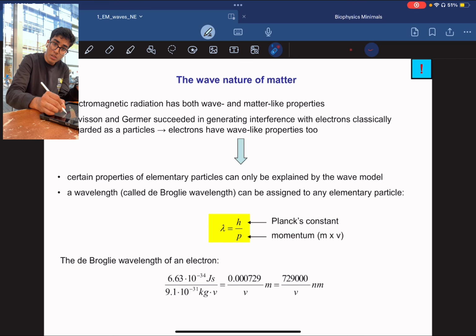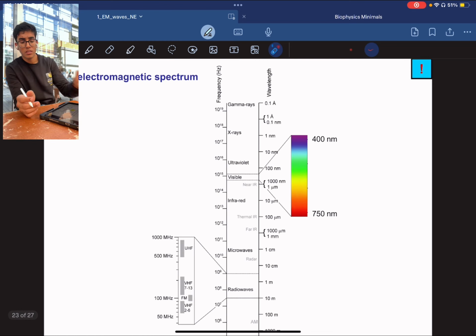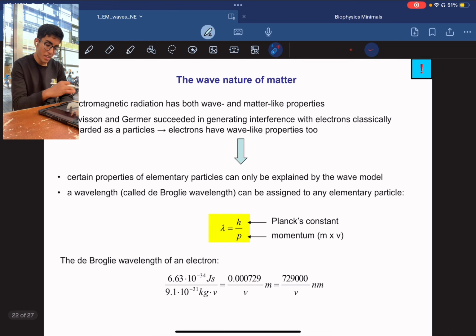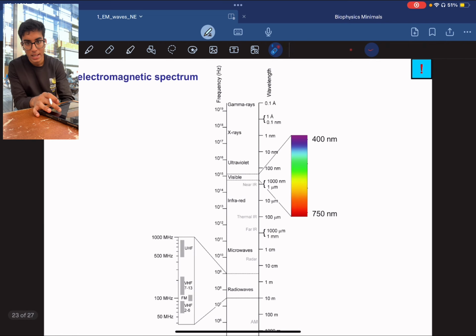The mass is about 250 ml, so let's say 250 grams, and I throw it at some velocity, say 1 meter per second. Then I find the wavelength it emits. Simple. That's de Broglie's wavelength. De Broglie's wavelength for an electron is very important in electron microscopy, and I'll explain that later when we reach that topic.